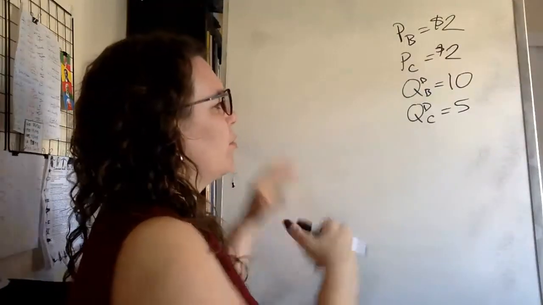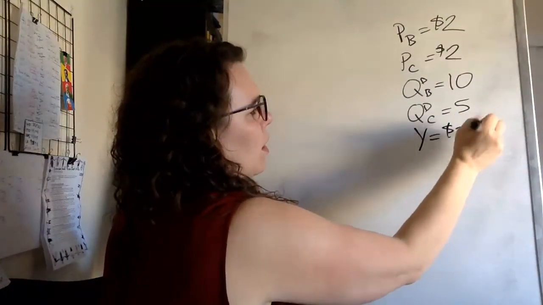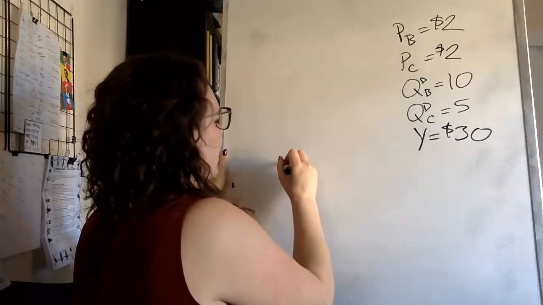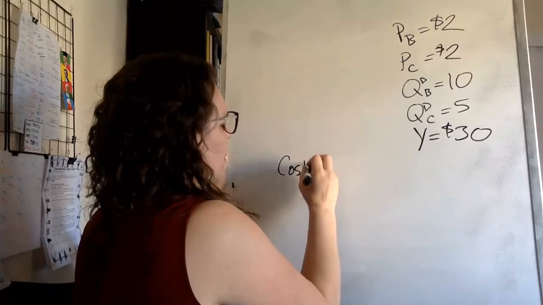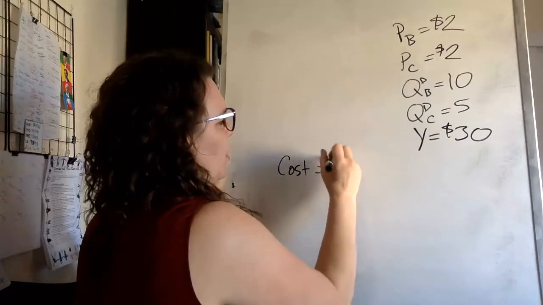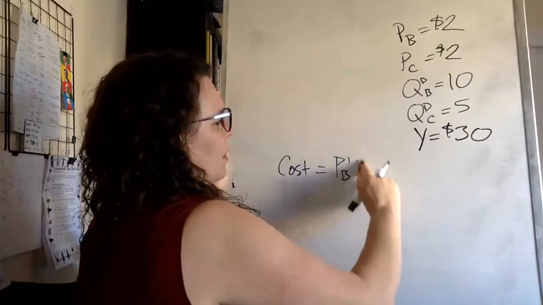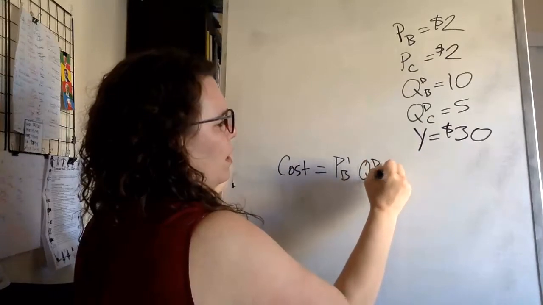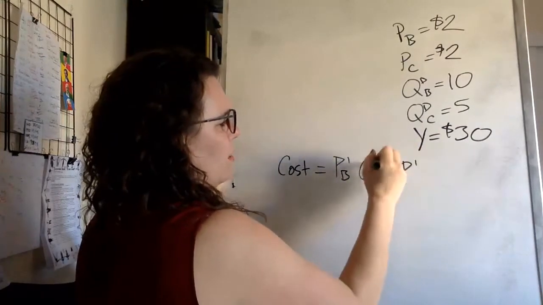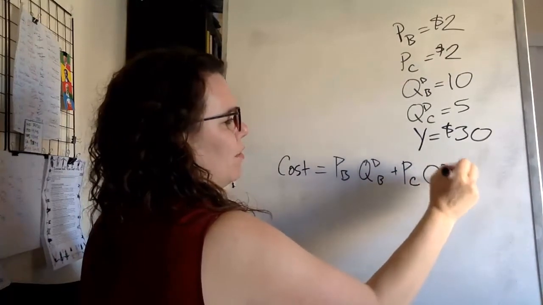So the first thing we want to remember is that our income is going to be equal to the cost of our basket, which is going to be the cost of that bundle of goods is going to be equal to the price of bread, which is $2, times the quantity demanded of bread, plus the price of coffee, times the quantity demanded of coffee.